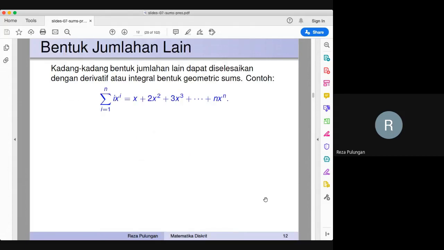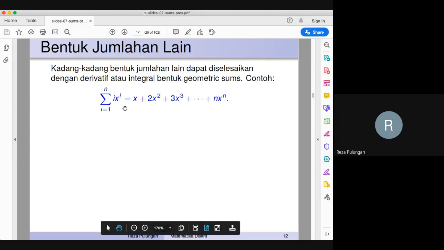There are other types of summation. Sometimes the form of the summation can be solved by looking at the derivative or the integral of the geometric sum. It is important for you to have this insight, this capability, this imagination. Look at the formula and imagine how it looks.